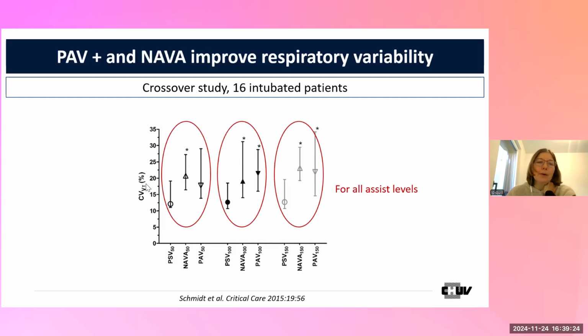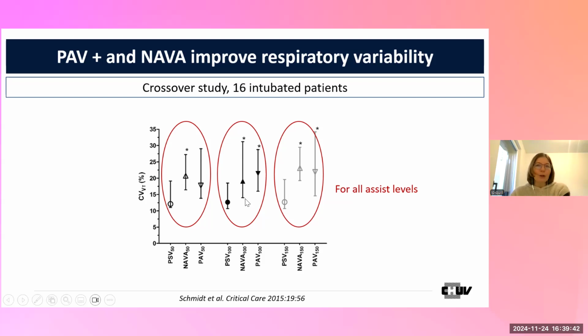And interestingly also, you have here the coefficient of variation of the tidal volume. As you can see, during pressure support, the variability of tidal volume is very small and is much higher with the proportional modes.